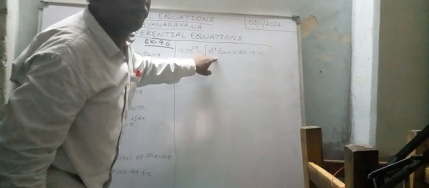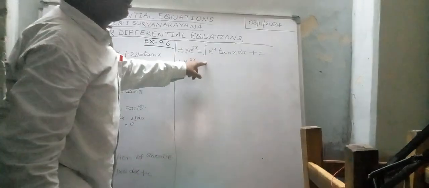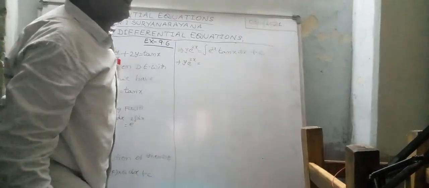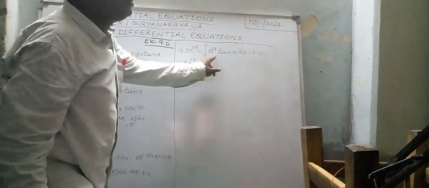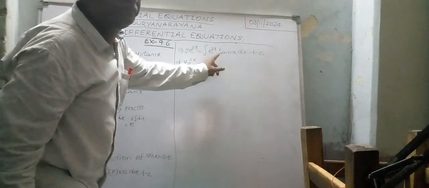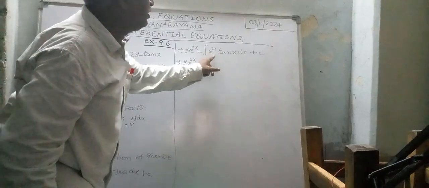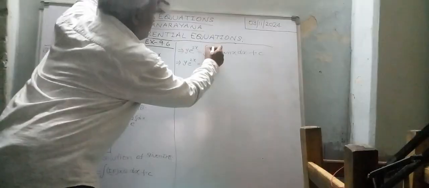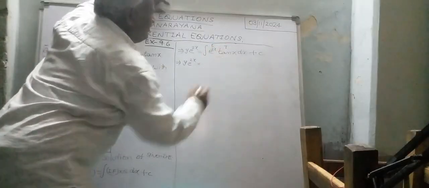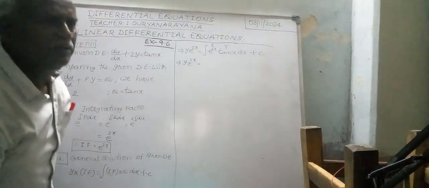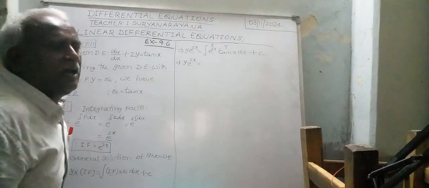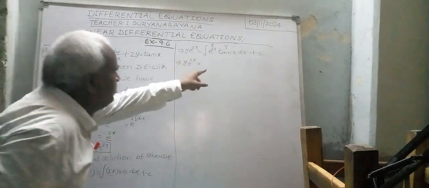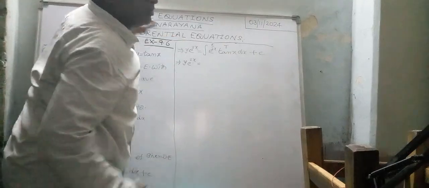How do you find the value of integral e power 2x into tan x? Integration by parts. Do you remember integration by parts? This is an exponential function and this is a trigonometric function. Do you remember ILATE? So these are not in the particular order.